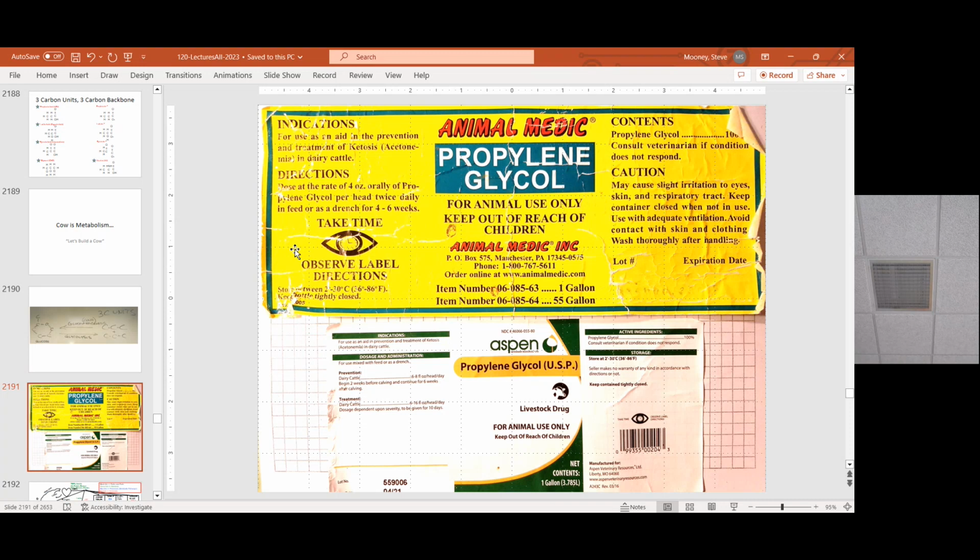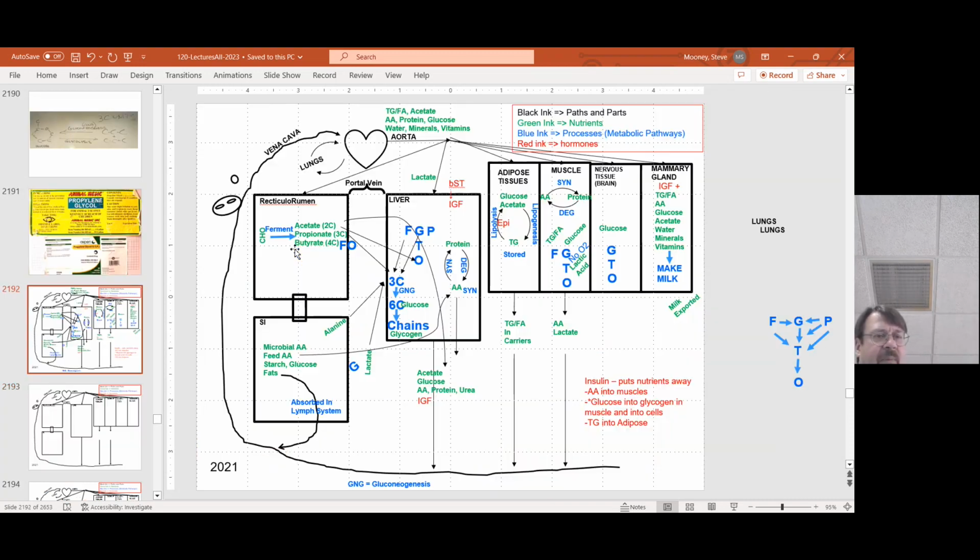And with the sugars present, we can burn more fat and we can get rid of that ketosis. So that propylene glycol acts as another of the 3 carbon units to help us make glucose. That's not part of normal metabolism, but it is there as part of our treatment. We'll talk more about that when we get there. So this is metabolism, what you're going to understand before everything is done. We're going to go through it step by step.